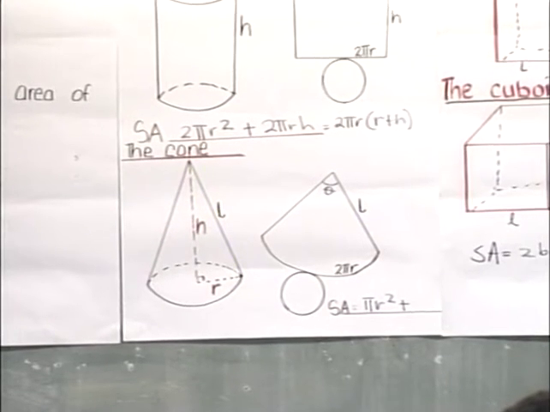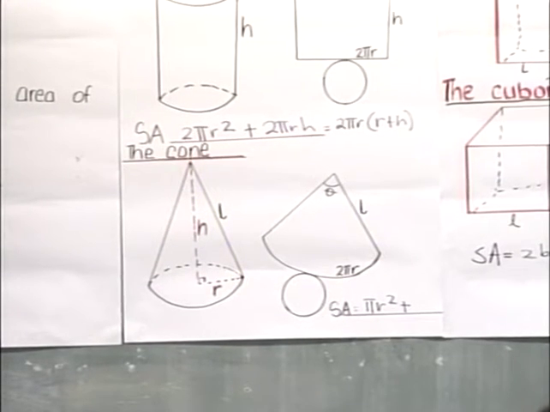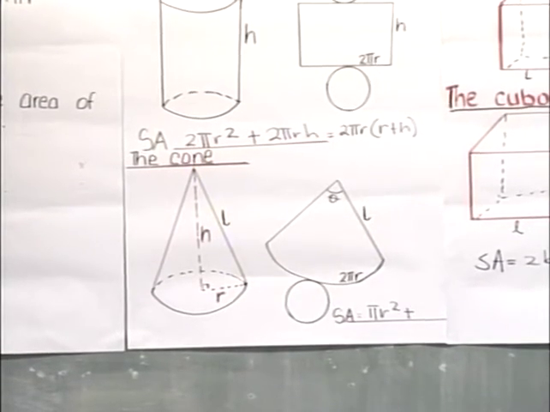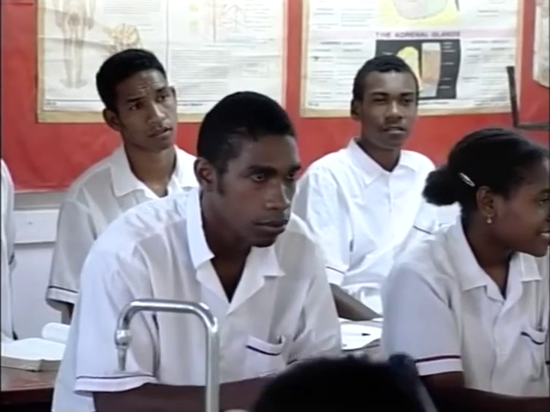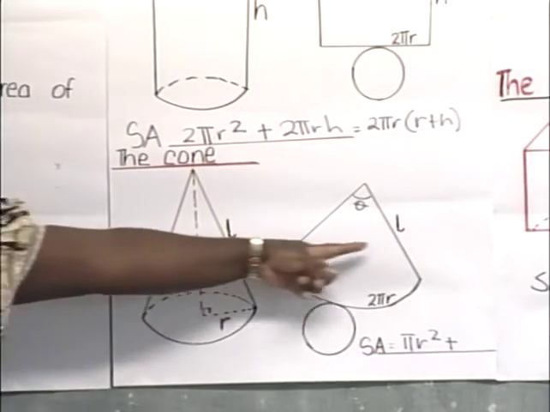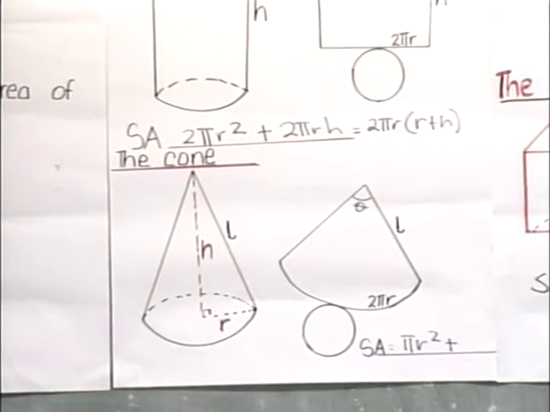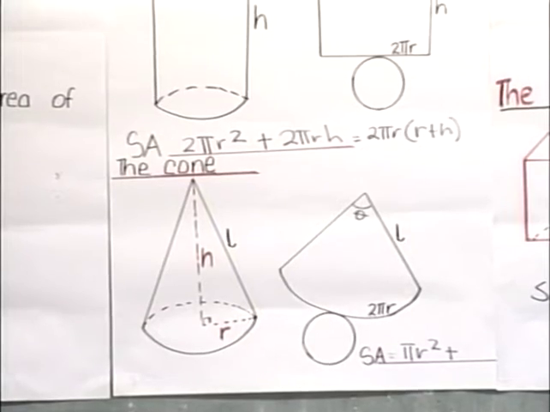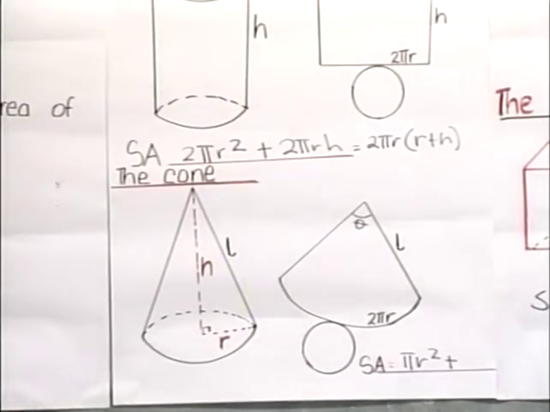An arc length is part of a circumference of a circle. So what's the circumference of that sector? Or what's the arc length of that sector given the circumference of a circle when r is L? Okay, what would be the circumference of this circle if it had a radius of L?